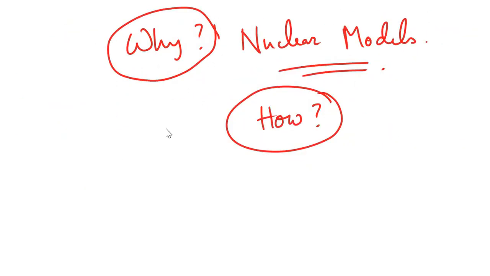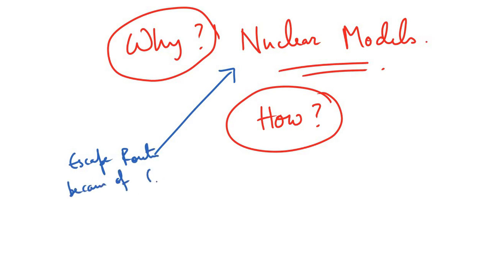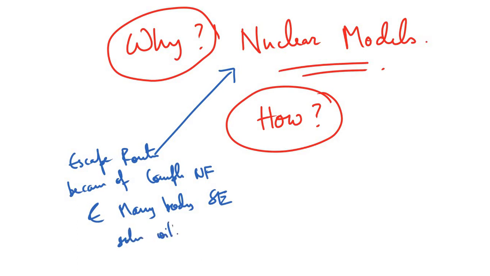Remember, a nuclear model is basically an escape route, because of the complicated nuclear force and solving the many-body Schrödinger equation with a complex nuclear force, which is not just a two-body effect.